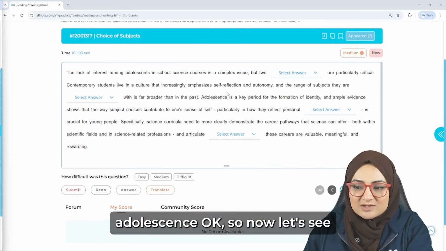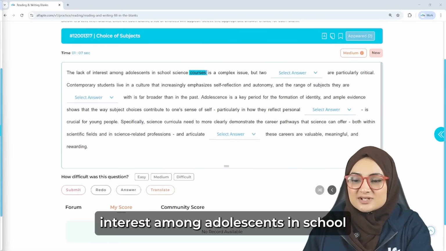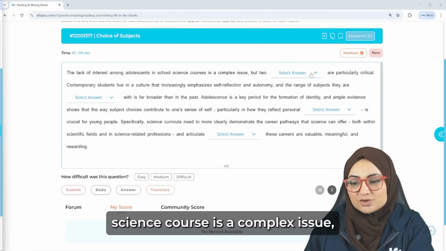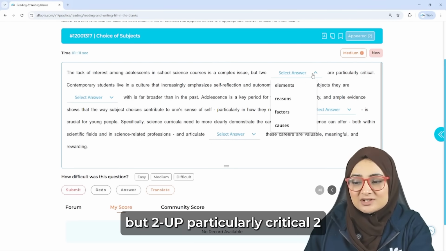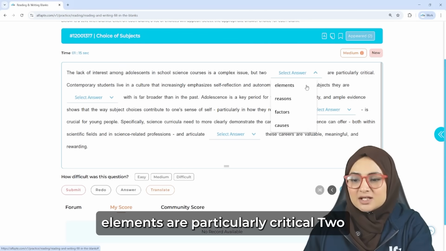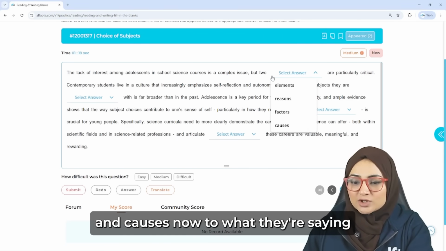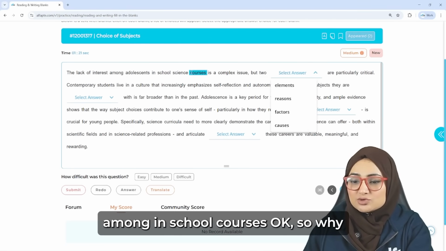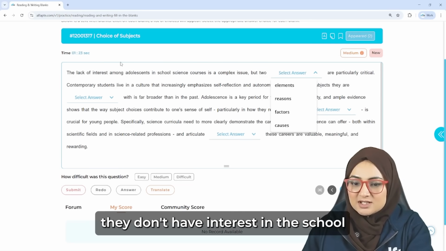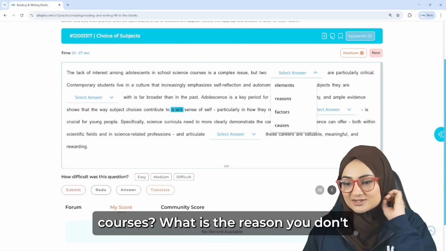Okay, so now let's see the first sentence. The lack of interest among adolescents in school science course is a complex issue, but 2 dash are particularly critical. 2 elements are particularly critical. 2 reasons are particularly critical: factors and causes. Now 2 what? They're saying among in school courses. Okay, so why they don't have interest in the school courses? What is the reason?